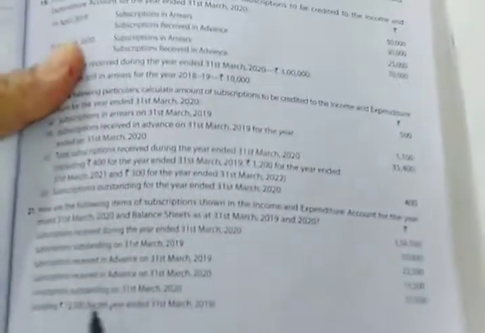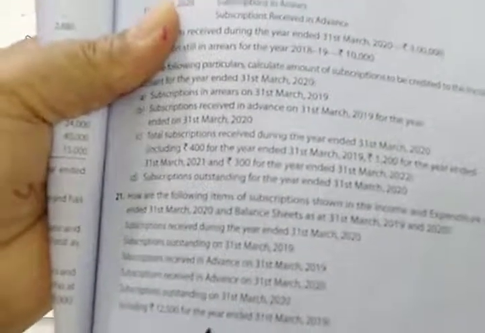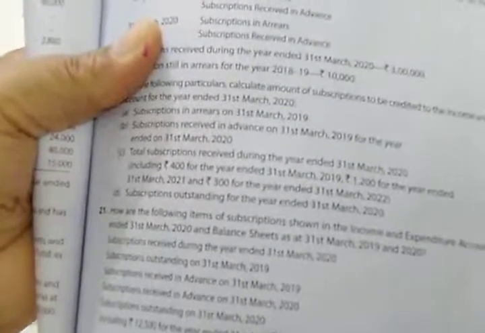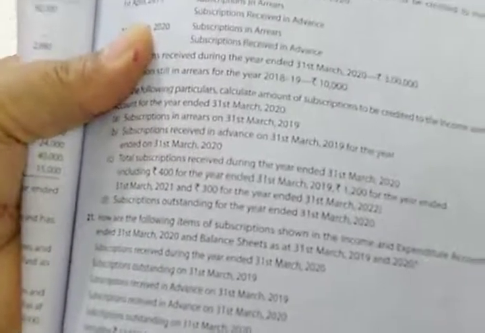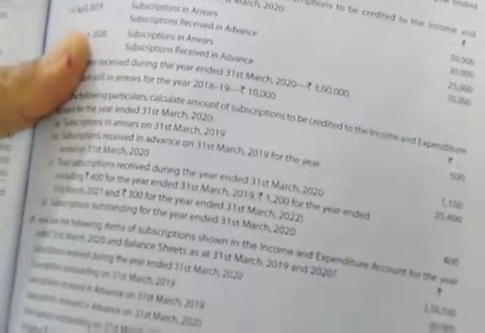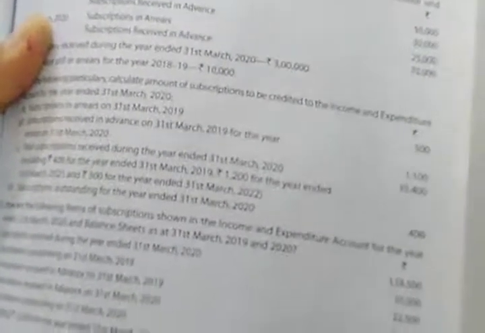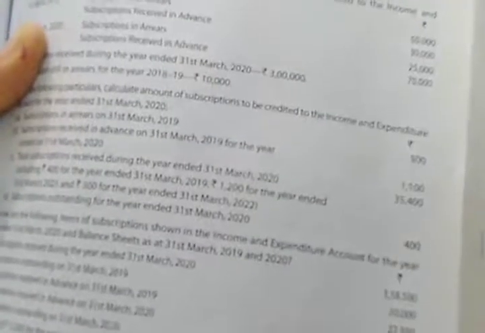And in the last it is mentioned subscription outstanding on. There is a difference between subscription outstanding on and subscription outstanding for. Subscription outstanding for means it is related to current year, but subscription outstanding on means the aggregate or total amount of outstanding subscription is given to you, which includes previous year's subscription also.